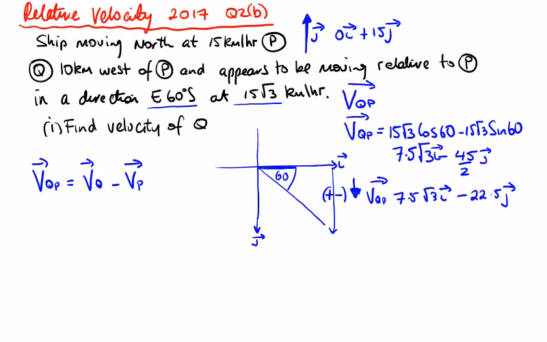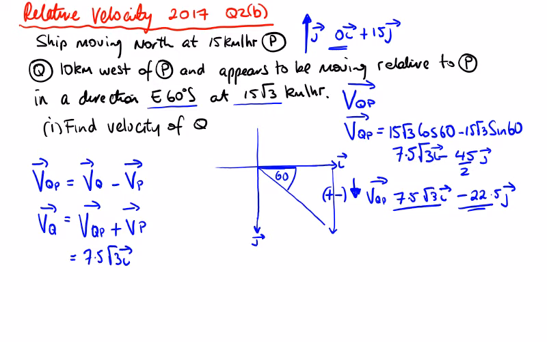We're looking for the velocity of Q, so the velocity of Q is equal to the velocity of Q relative to P plus the velocity of P, which is equal to 7.5√3 with 0 in that direction, so 7.5√3 I. And then in my J direction, when we're adding these together, I have 15 minus 22.5. So we're left with 7.5√3 I minus 7.5 J.